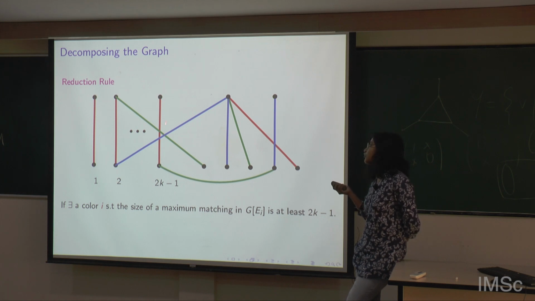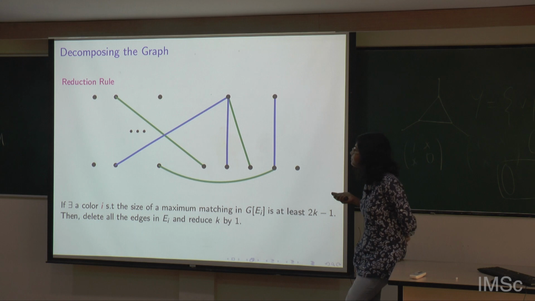So suppose I remove this red edge, I have k minus 1 edges there, right? Which has 2k minus 2 endpoints. So since I have 2k minus 1 edges here, at least one edge will be untouched. Like all those edges are not incident on at least one of the endpoints of one of these edges, right? So we can safely delete these red edges if I have a maximum matching of this size and reduce the parameter by 1.